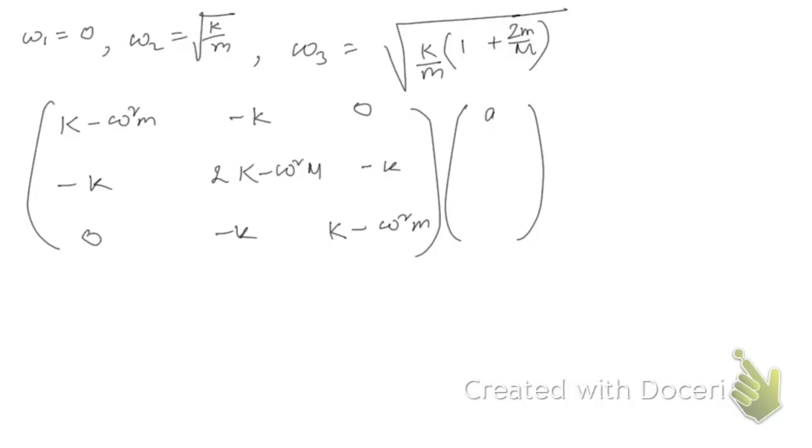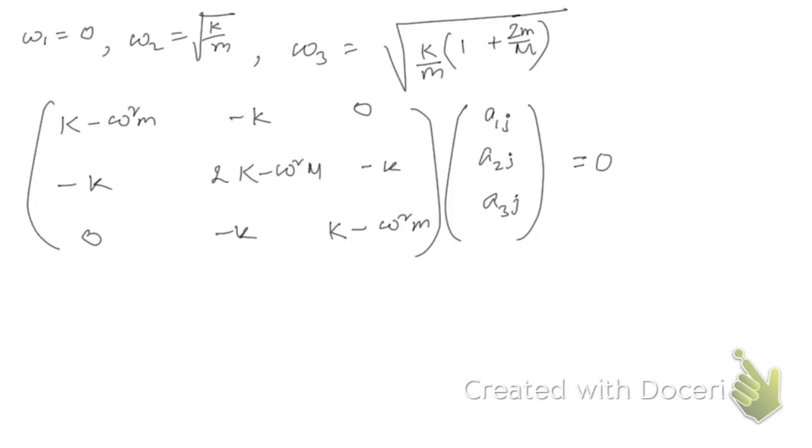a1j, a2j, and a3j, equal to 0. Remember this.